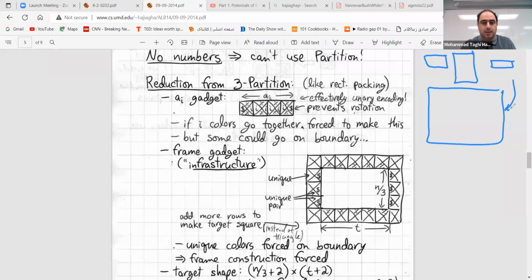So what is the idea? For each of these, what was the problem that we had in rectangle packing is that we had some Ai's. Let me go to the previous page. You can see it better here.